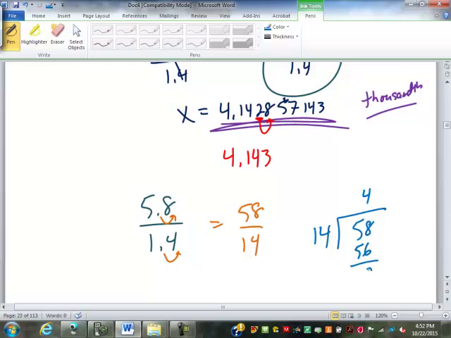There are 2 left over. So 4 and 2/14, or 4 and 1/7.